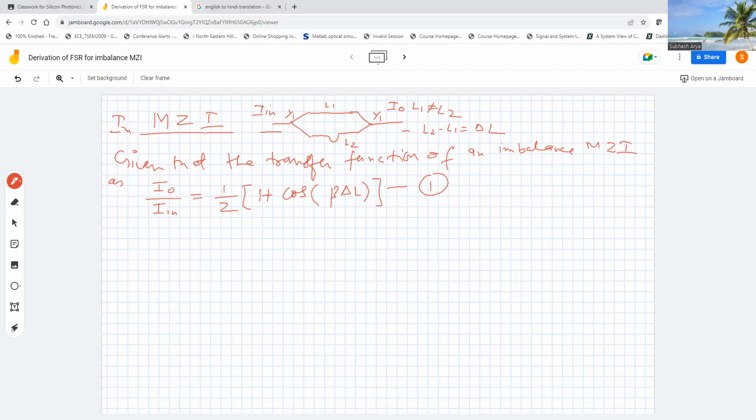So FSR is the spacing between two consecutive destructive or constructive interferences. Suppose we have this transfer function, lambda versus I output upon I input, or transmission curve.